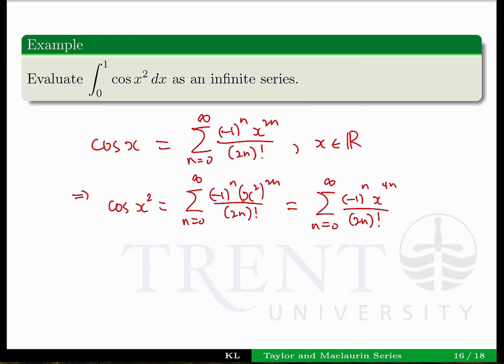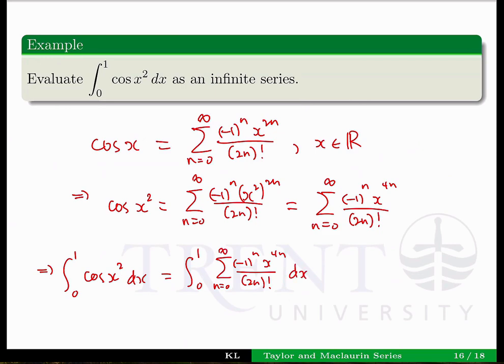So if I integrate this from 0 to 1 of cosine x squared dx, this will just be the integral from 0 to 1 of that sum, negative 1 to the n, x to the 4n over 2n factorial, from 0 to plus infinity, dx.